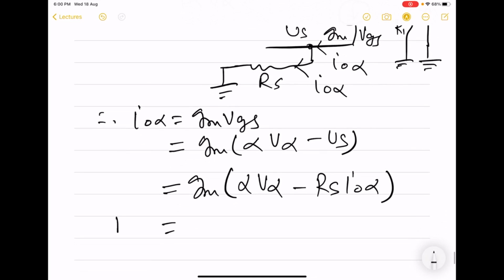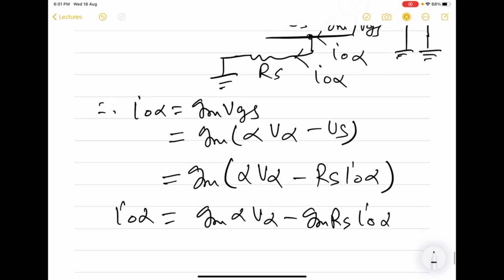So here we have IO alpha is equal to GM alpha V alpha minus GM RS IO alpha.